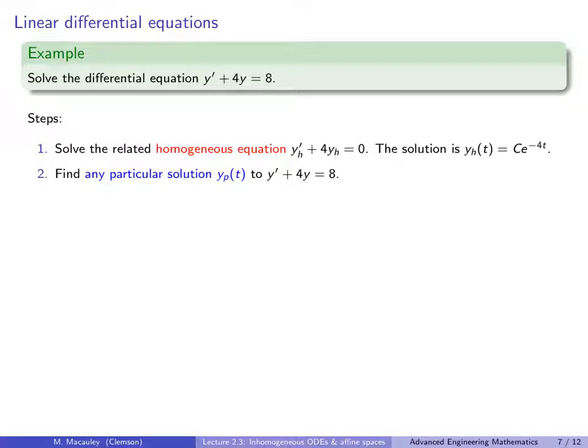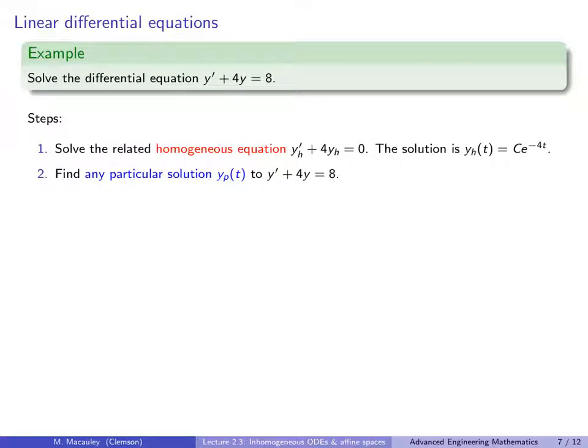Step 2. Find any particular solution, yp of t, to the inhomogeneous ODE. Now, how are we going to do that? Well, this is a constant on the right-hand side, so it should give you a hint that there might be a constant solution. Now, how would you find a constant solution?